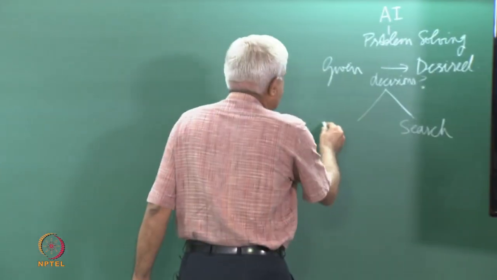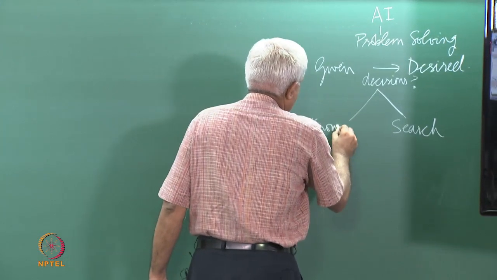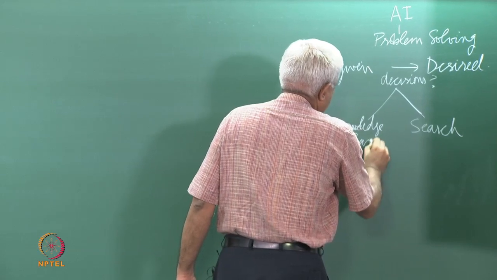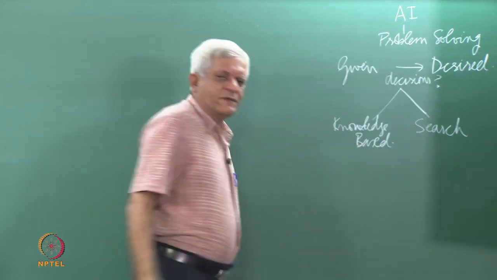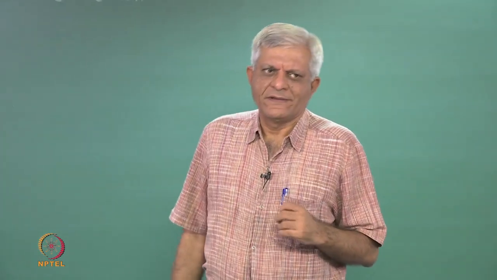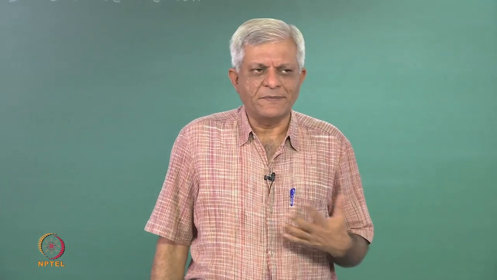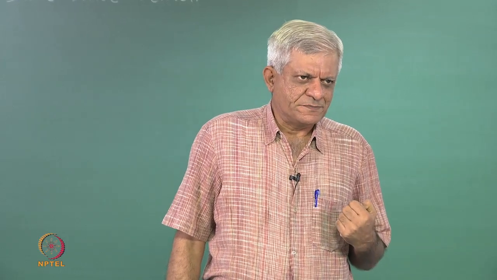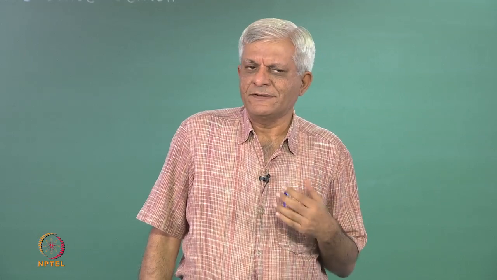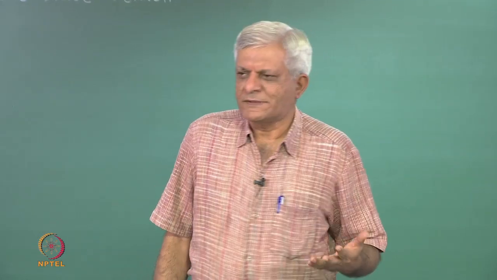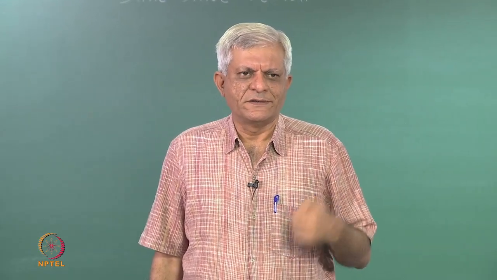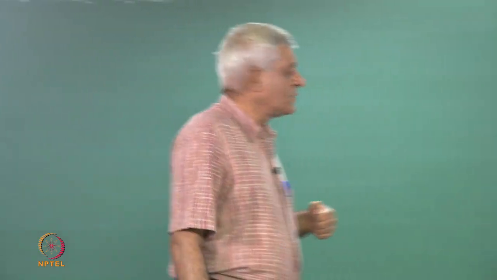The other is knowledge based, in which you are trying to exploit knowledge which has been accrued by some means. In general, knowledge is derived from experience, either your own experience or somebody else's experience, and conveyed in the form of books and lectures and things like that, or stories.